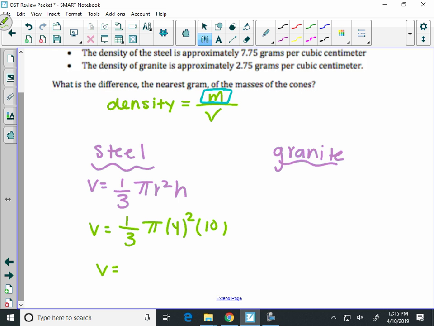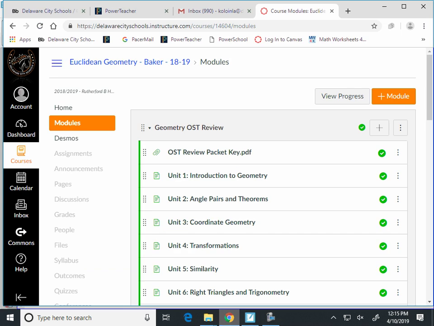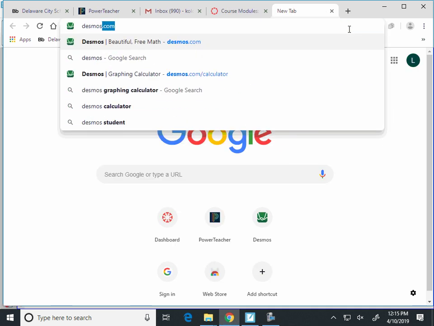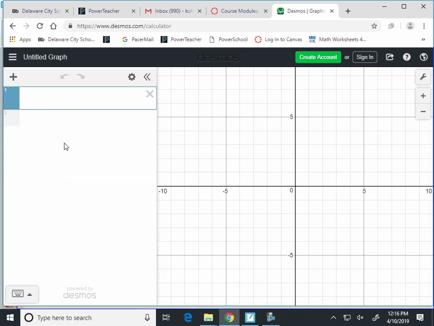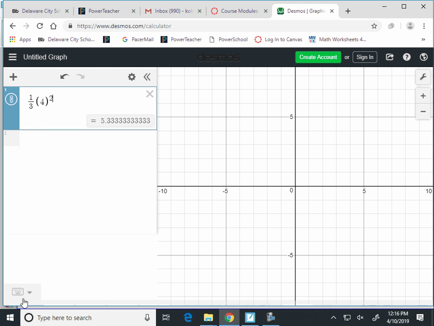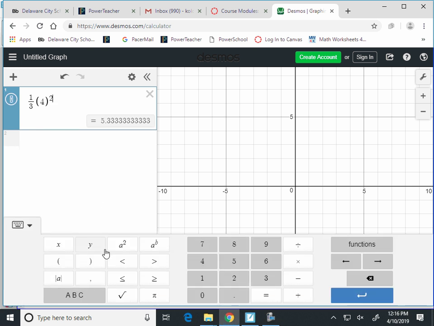So let's just plug this in and round to the nearest whole number. And if you're rounding using Desmos, this is how you would plug it in. You would plug it in as 1/3 times 4 squared. Again, if you don't use your keyboard on your computer, here's the squared button. Times 1/3.